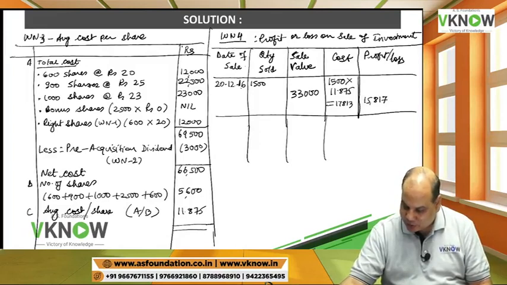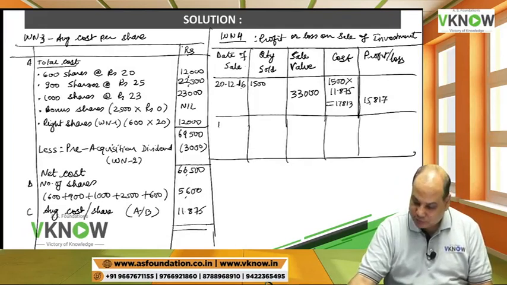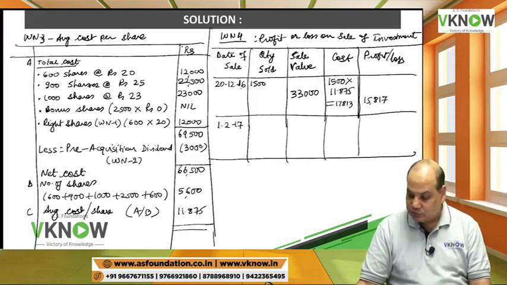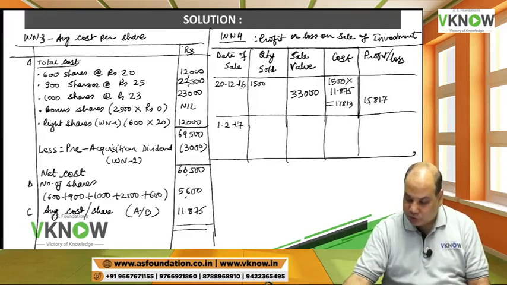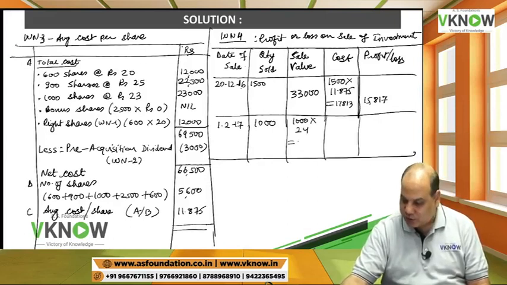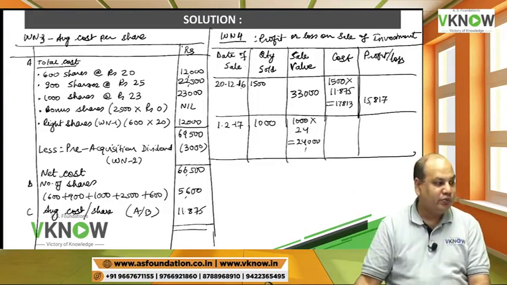Yes, one more transaction. Last line of the table. 1st February 17. Quantity sold 1000 into 24 rupees, 24,000.